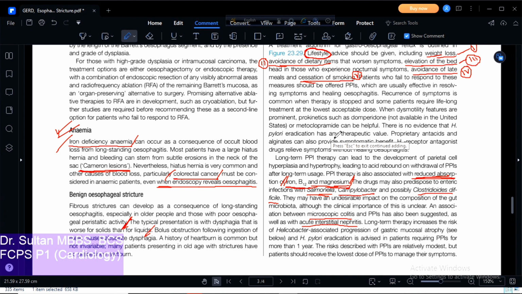You have to remember that if people have PPI therapy for more than 1 year, they are indicated for H. pylori eradication. But with the simple diagnosis of GERD, if people have not had PPI for more than 1 year, there is no evidence that H. pylori therapy is indicated in this case.